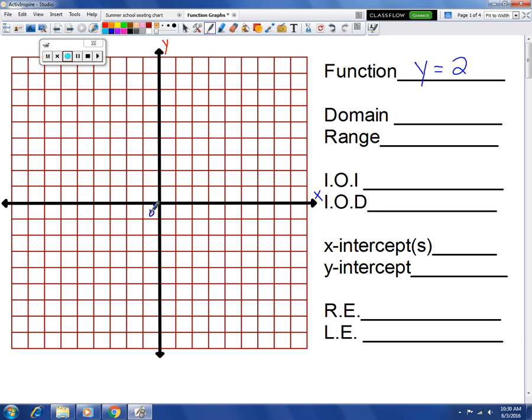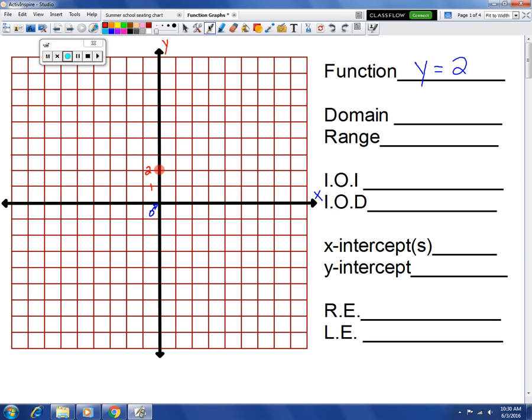So when I substitute x equals 0 into the function y equal 2, there's no place to put that 0, so my y value is 2. So I go on my y-axis, here's positive 1 on the y-axis, and here's positive 2 on the y-axis. I just put a point here at y equal 2. So when I pick x equals 0, y equals 2.